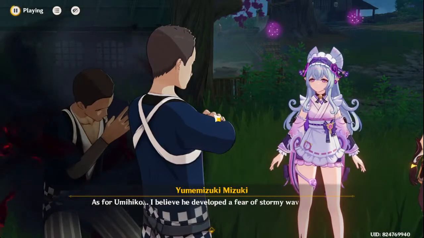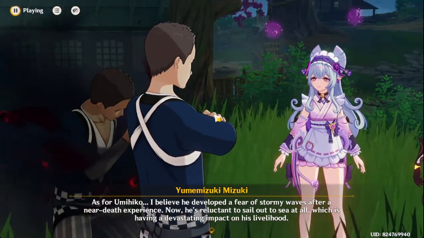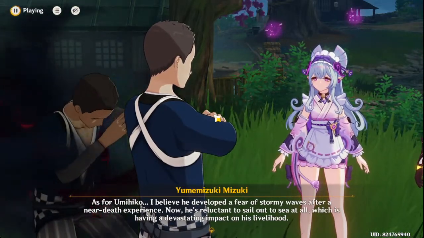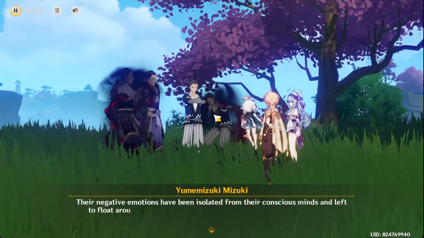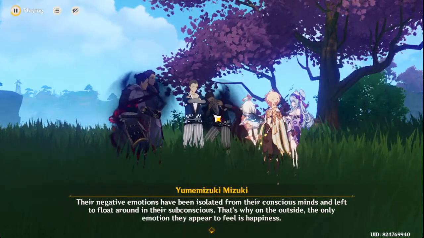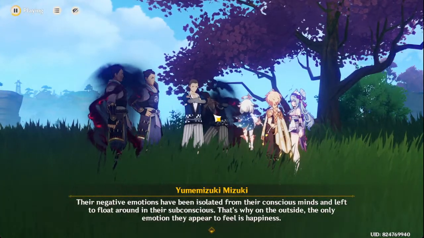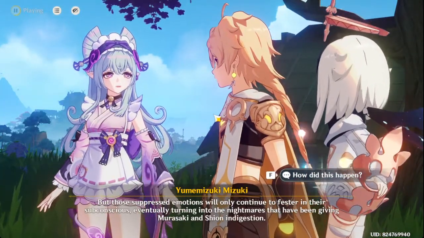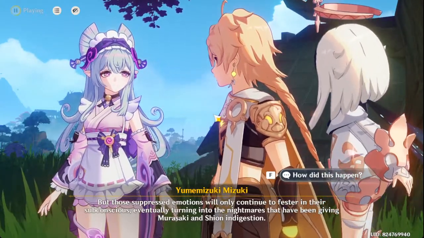As for Umihiko, I believe he developed a fear of stormy waves after a near-death experience. Now he's reluctant to sail out to sea at all, which is having a devastating impact on his livelihood. Their negative emotions have been isolated from their conscious minds and left to float around in their subconscious. That's why on the outside, the only emotion they appear to feel is happiness. But those suppressed emotions will only continue to fester in their subconscious, eventually turning into the nightmares that have been giving Murasaki and Shion indigestion.